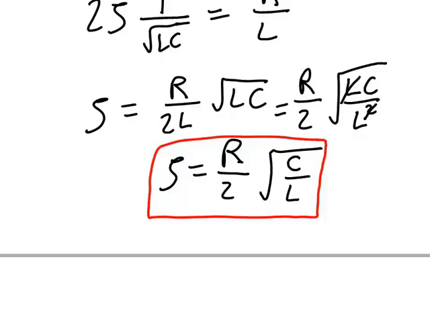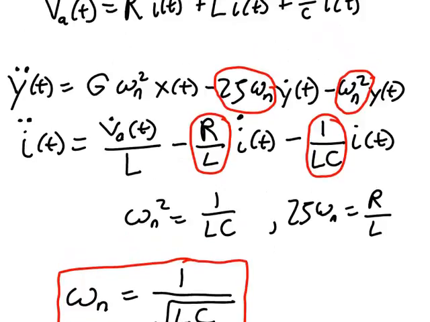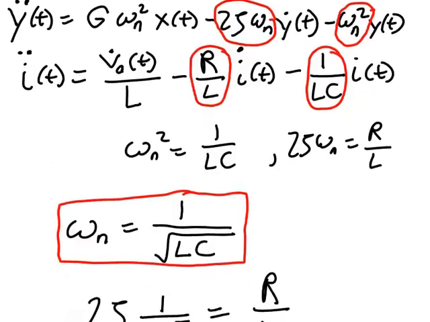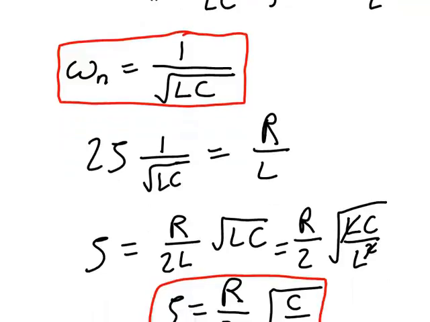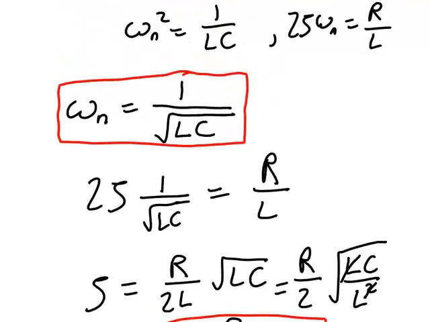You can use this approach of comparing the standard equation to your equation for any second-order system to find equations for the natural frequency and the damping ratio zeta. This is another approach that's very useful to us when we're designing a system, so that we can set the properties of the system, such as the damping ratio and the natural frequency, to be appropriate for what we want the system to do.